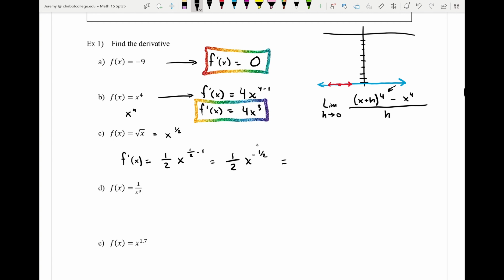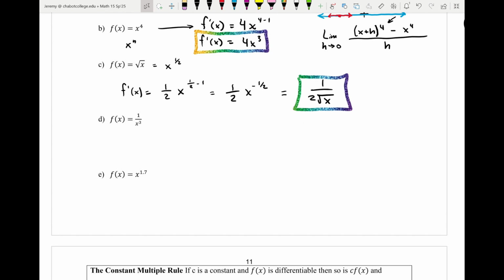And this is the same thing as 1 over 2 root x, right? The negative exponent flips it into the denominator, and the 1/2 power makes it a square root. So we just landed on the same result. However, this time we did it using the power rule, and it took us about 20 seconds.